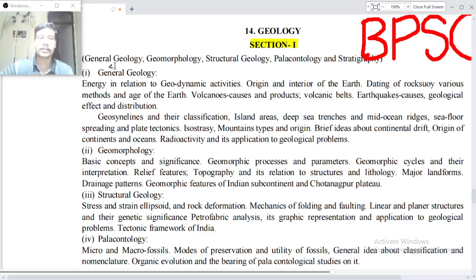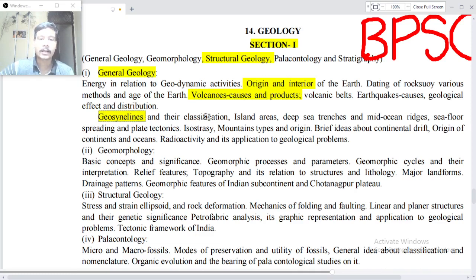So let us start. General geology, geomorphology, structural geology, and paleontology and stratigraphy. Point number 1, general geology. Energy in relation to geodynamic activities, origin and interior of the earth, dating of the rocks, various methods and ages of the earth, volcanoes, causes and products, volcanic belts, earthquakes, causes, geological effect and distribution.